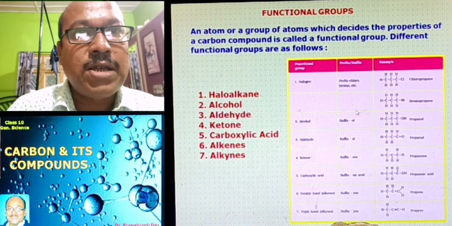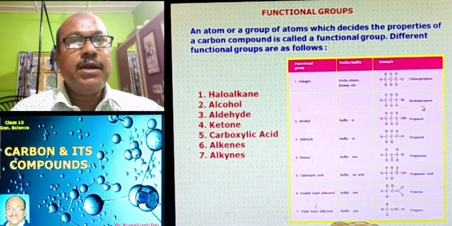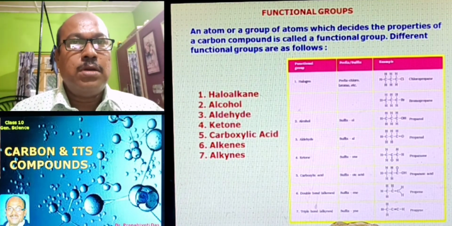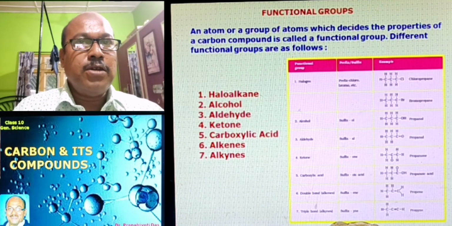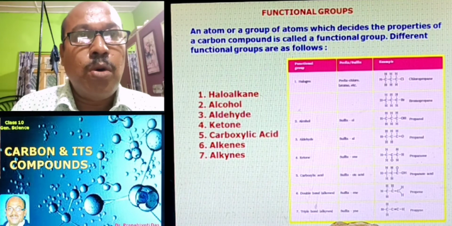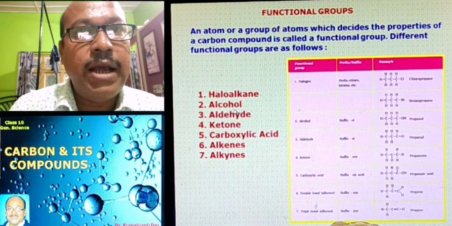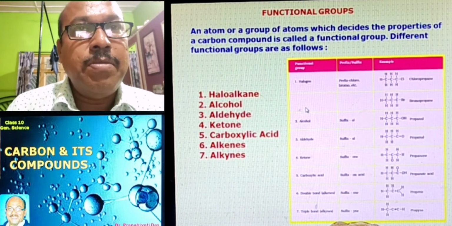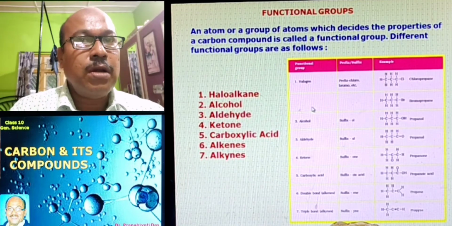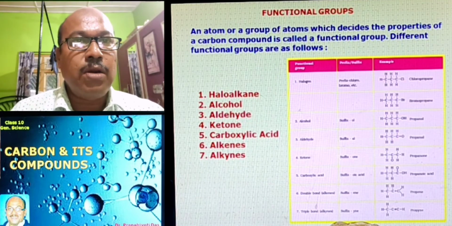If alcohol joins ethane, it becomes ethanol. If an alcohol group is added to propane, it becomes propanol. So the suffix "ol" is added, because alcohol ends with the letters OL. Methane changes to methanol, ethane to ethanol, propane to propanol, etc.